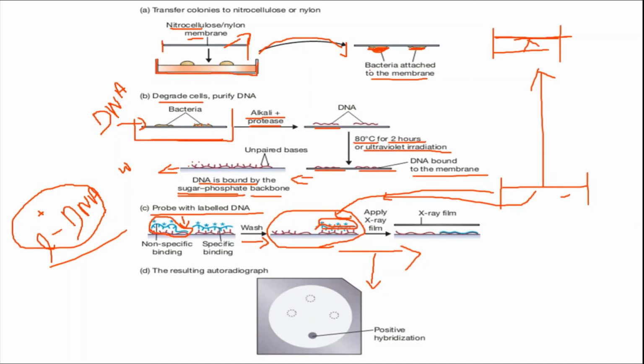So the corresponding spots or colonies are recombinant after we do the autoradiography. Autoradiography is a very interesting technique we will learn about in future. Yes, this is a simple, effective method of DNA hybridization.